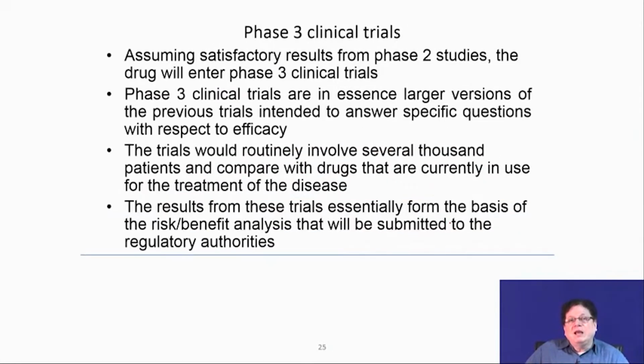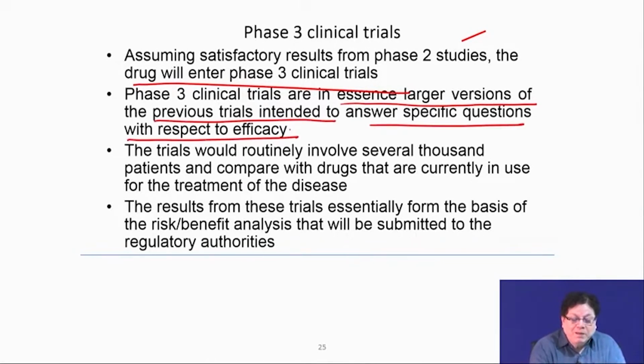And then phase 3. If the results from phase 2 are satisfactory, the drug will enter phase 3 clinical trials. These are larger versions of the previous trials, a broad based approach.